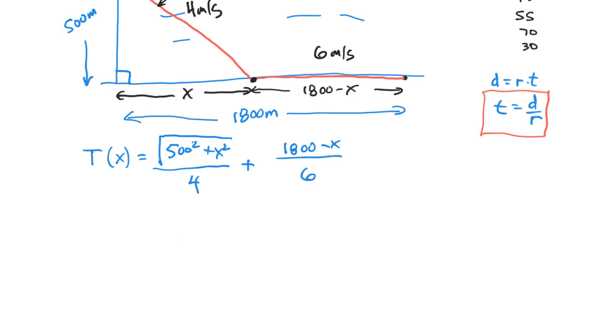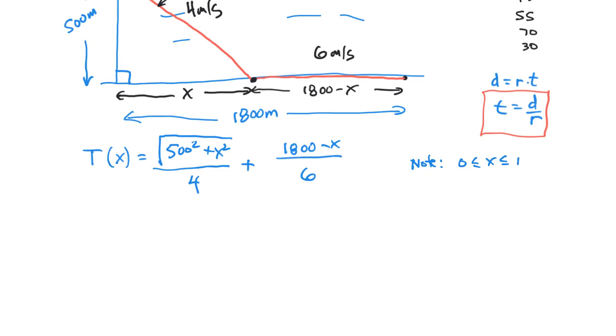over 6. And you could notice we do have a constraint here. X has to be less than 1,800. It won't really come into play, but I'll just make a note of it anyway. Those will be our two extreme cases.